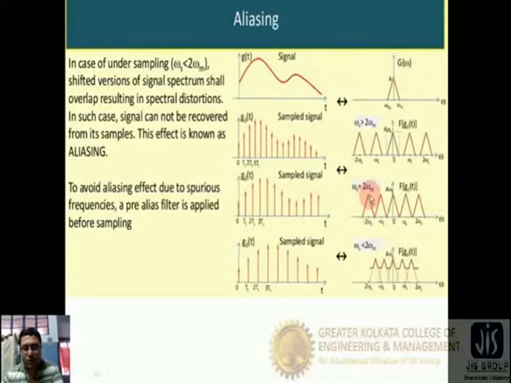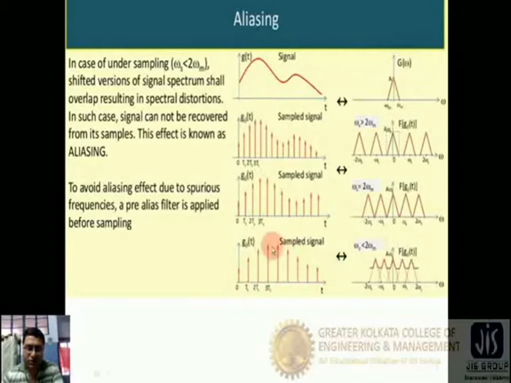That means the sampling frequency is equal to twice the maximum frequency present in this signal. So in this case, we also get a moderate resolution of the signal. But the third case is the worst case, where the sampling frequency is very much less than the Nyquist criteria, and for this case the resolution of the signal is changed, or there is a distortion in the signal.